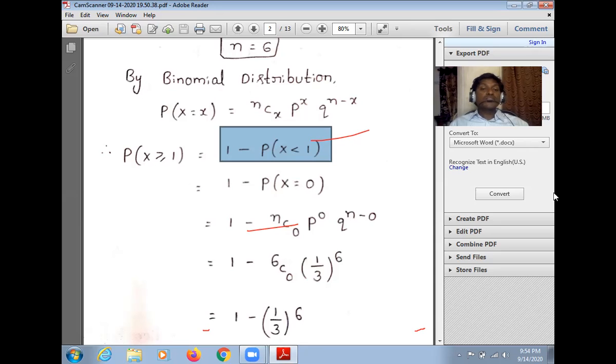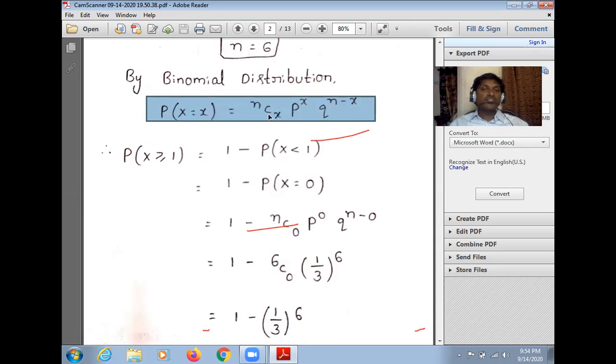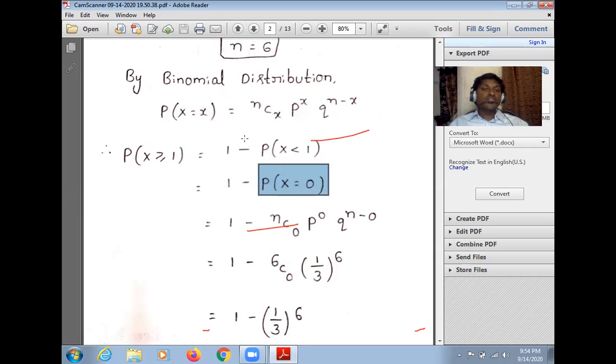Now simply you can compare this one with this one. Here P of x is equal to nCx p power x q power n minus x. If you see this one and this one, here it is having 0 and here it is having x. It means we are substituting 0 in place of x, and we already know the values of n, p and q.